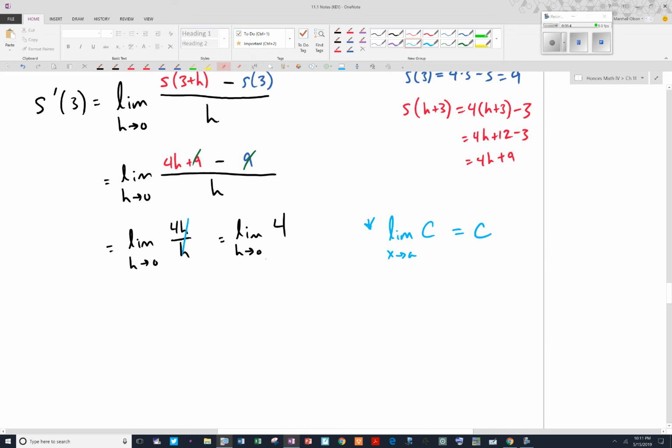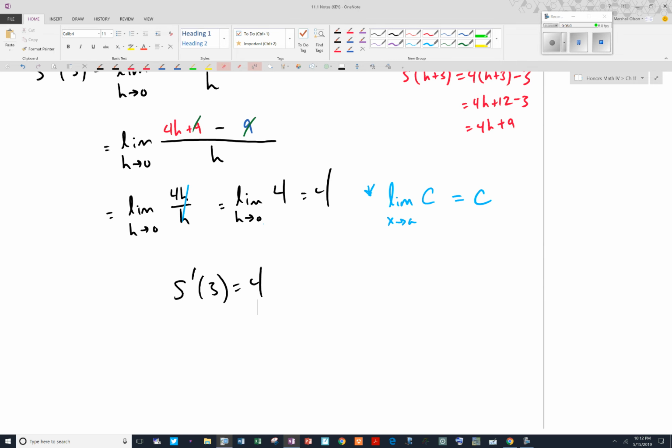So basically what we're saying is, okay, let h approach 0. Well, there's no h to put 0 in for, so this is just going to equal 4. So we have that s prime of 3 equals 4. The derivative at 3 in the original function is 4. The slope of the tangent line at 3 is 4. And the instantaneous velocity, which is what they were asking us for, is 4 feet per second.